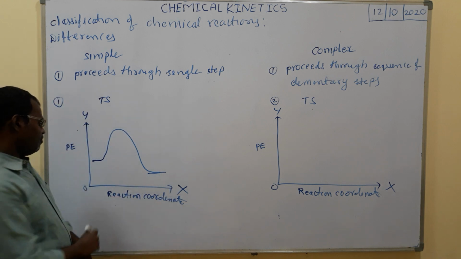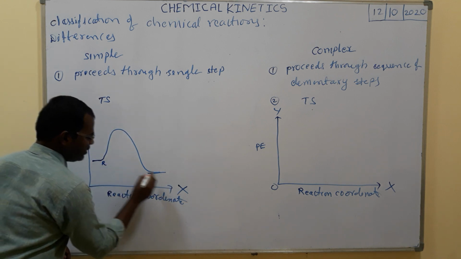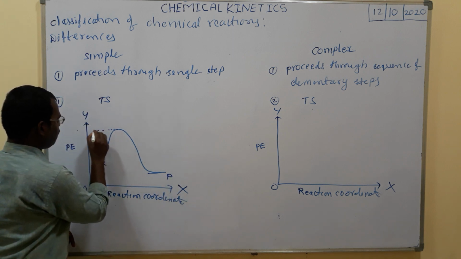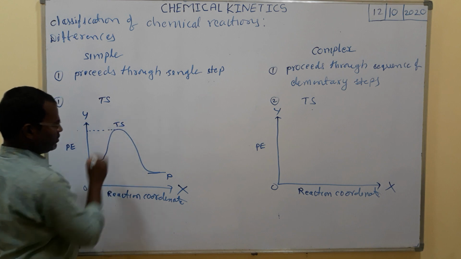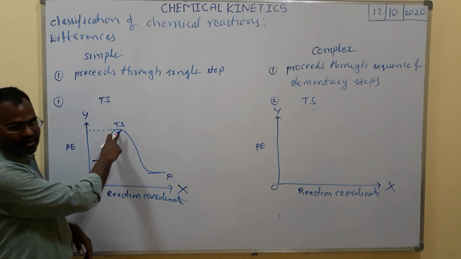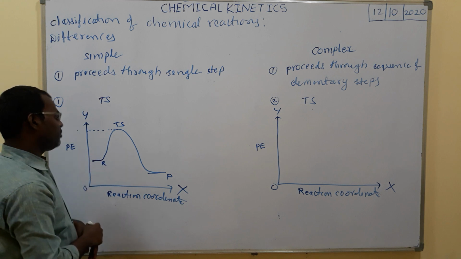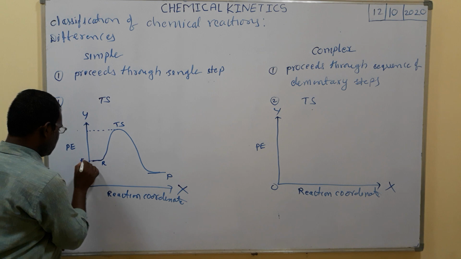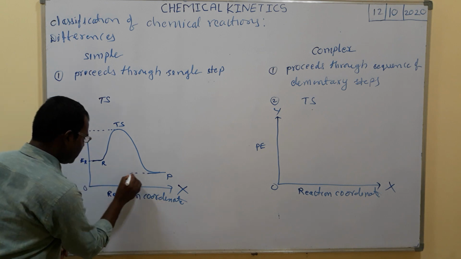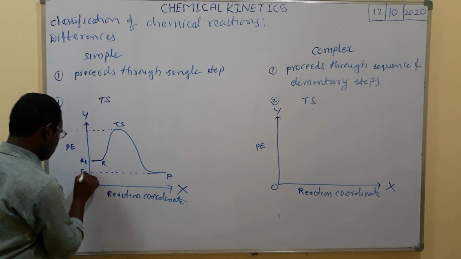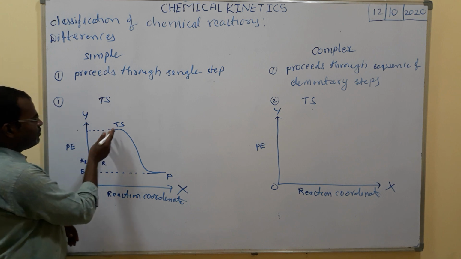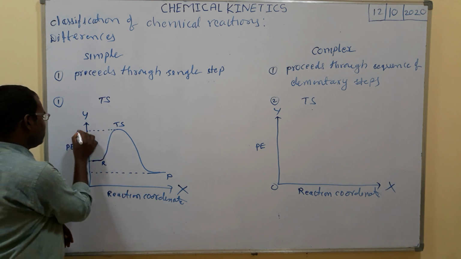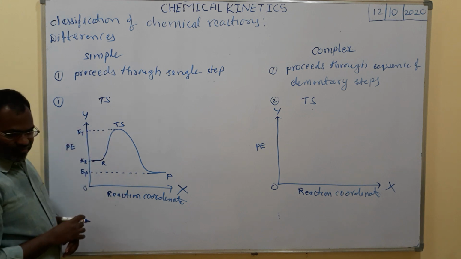This is the reactant and this is the product, and this is the transition state, or formation of the activated complex. This energy corresponds to the reactant energy, whereas this corresponds to the product energy. And the energy corresponding to the transition state is the threshold energy.